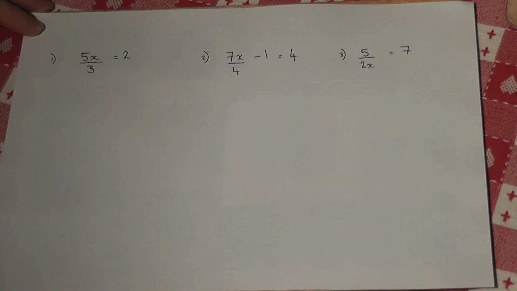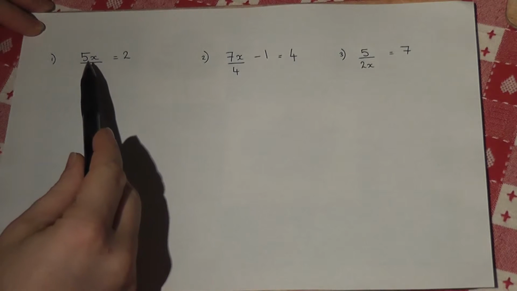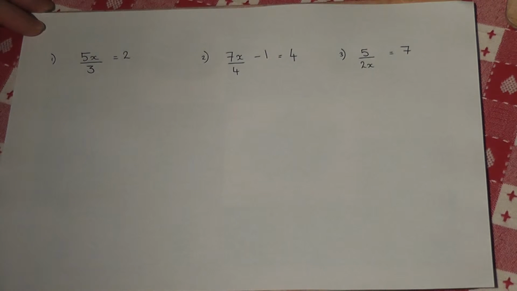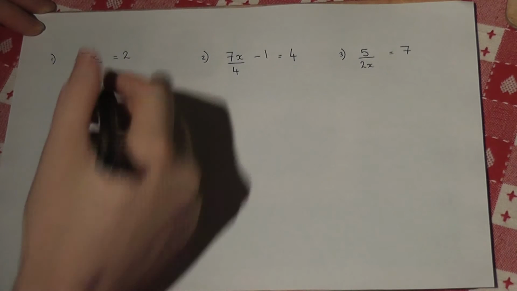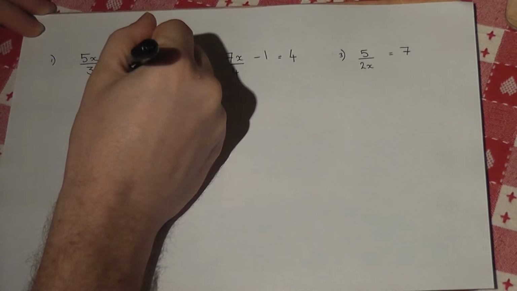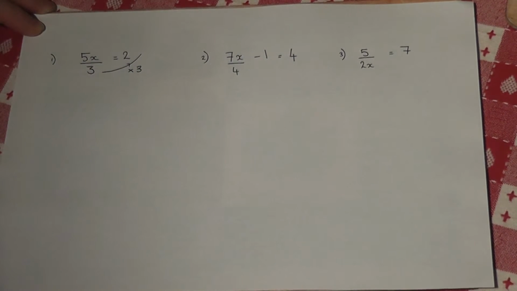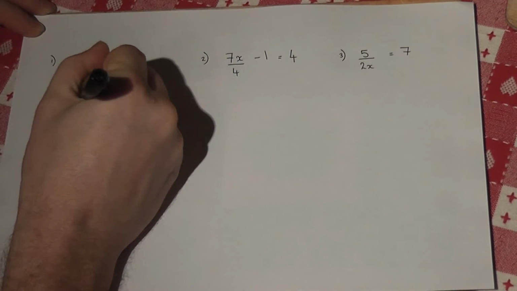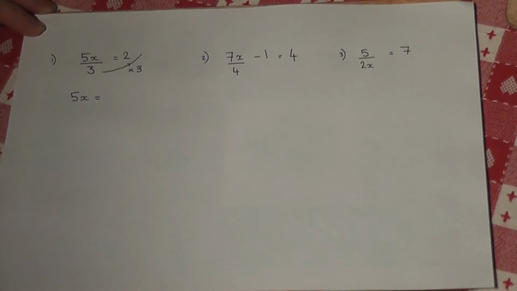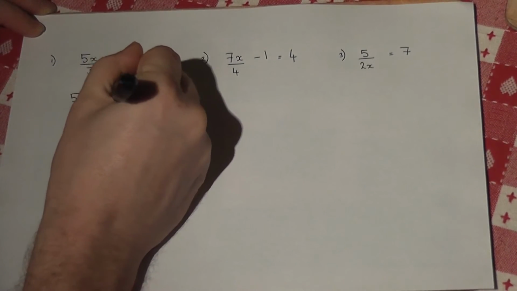When you have an equation with quite a simple fraction in, the method is to multiply up by the denominator. So if I times up by 3, then I end up with 5x equals 2 lots of 3.